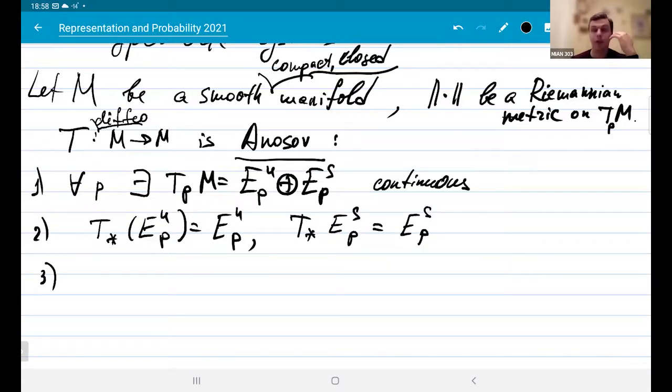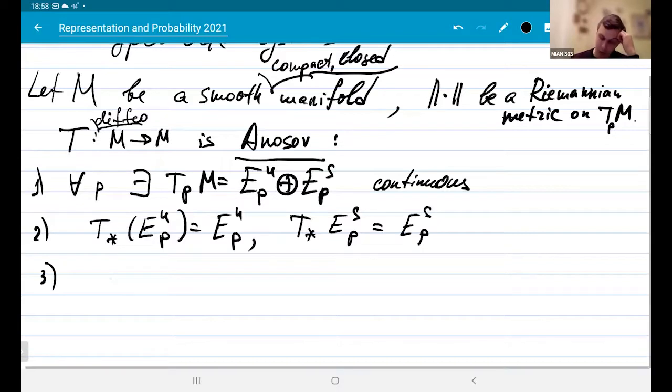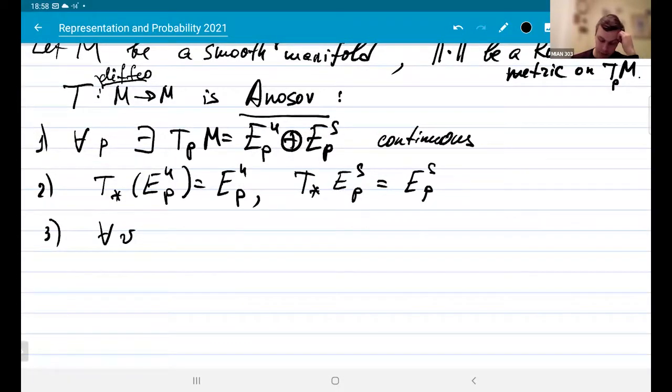And the third thing is that when we consider any vector in ES, then we can consider its image under the iteration.